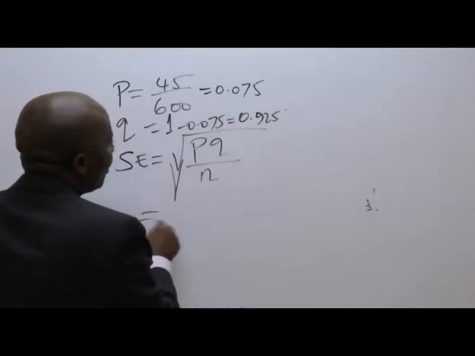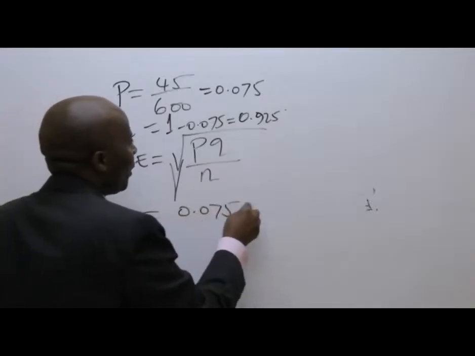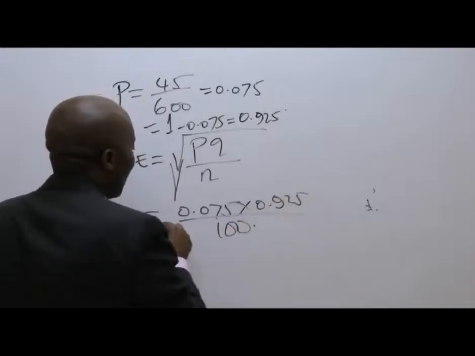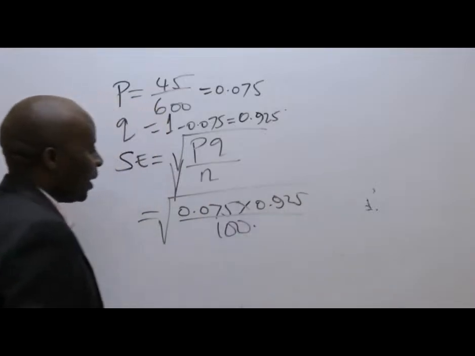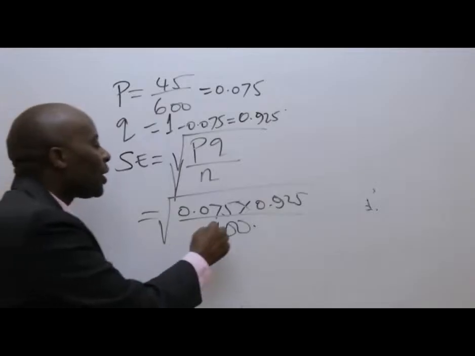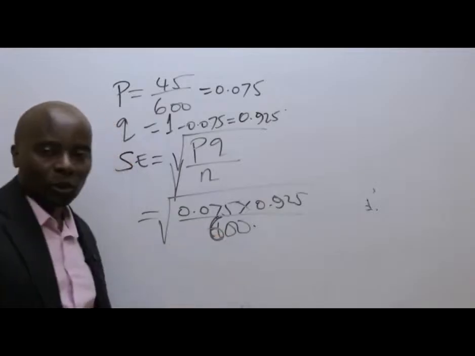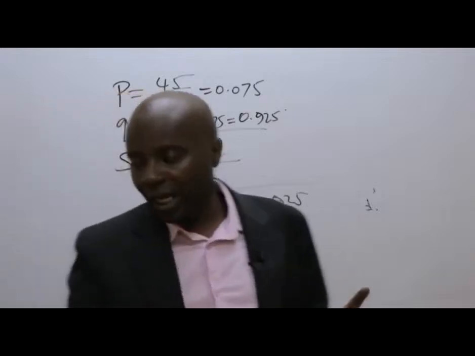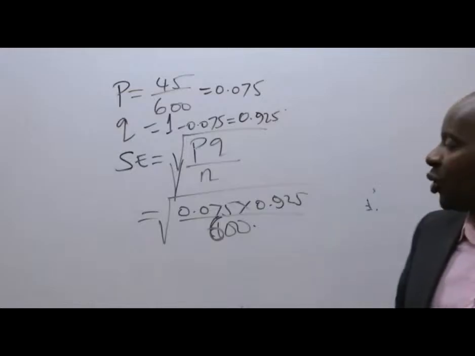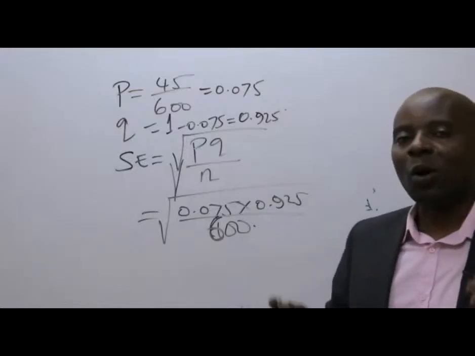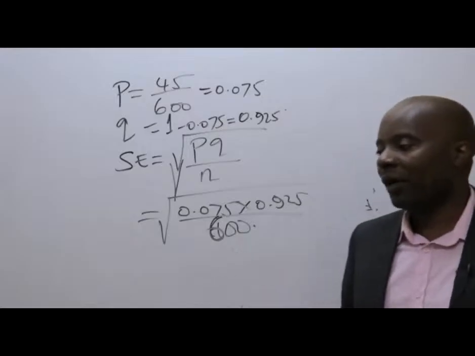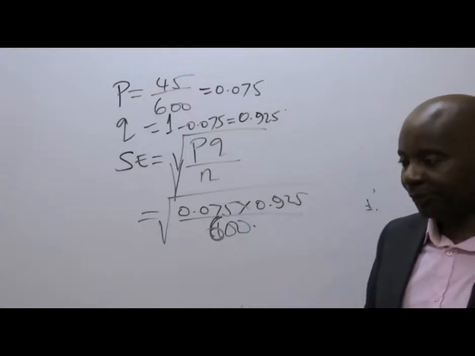So we'll talk of 0.075 times 0.925. Whatever we get, we divide by N. We sampled 600 accounts, so our N is 600. So could you kindly give us this standard error? Our standard error will be equal to what?